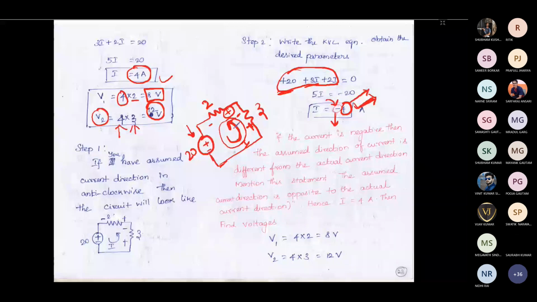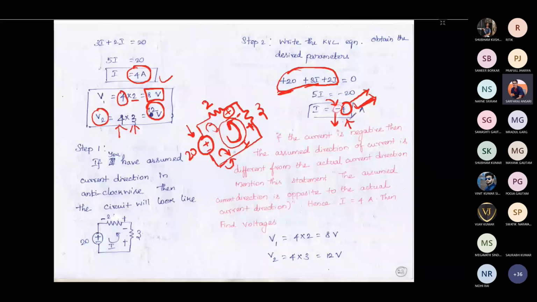The actual current is flowing in the opposite way, but you are assuming the current direction in the anti-clockwise way. So it is mentioned as minus 4 ampere.